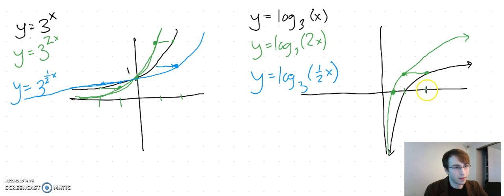So now it's crossing here at x equals 2 and going like this. So yeah, vertical and horizontal rescalings, just think about stretching and compressing when you've got bigger numbers, and then opposite when you've got smaller numbers.